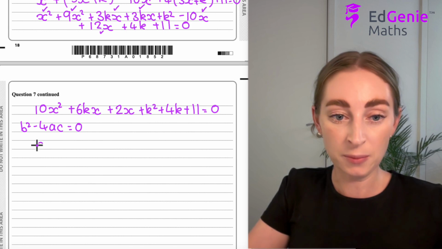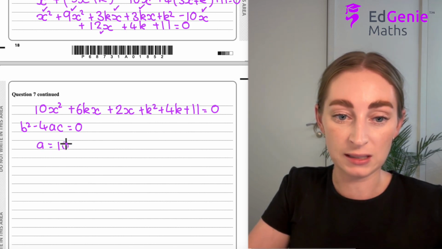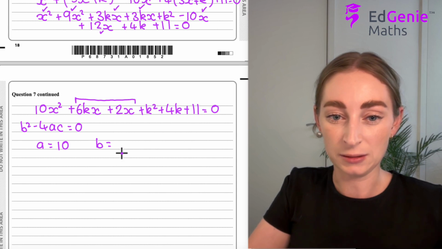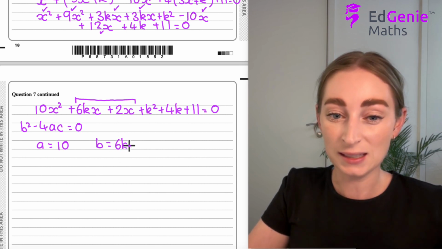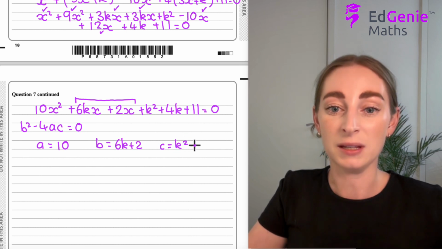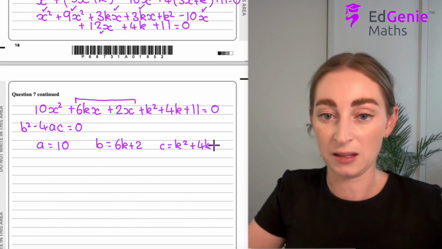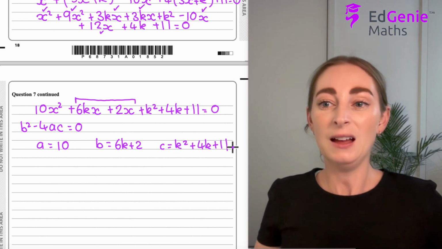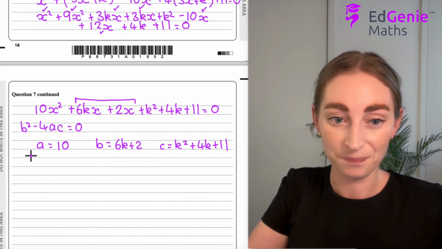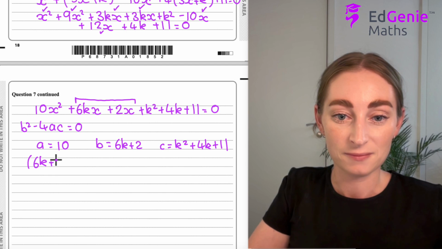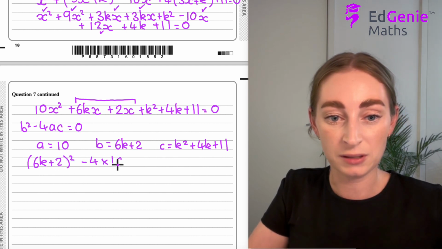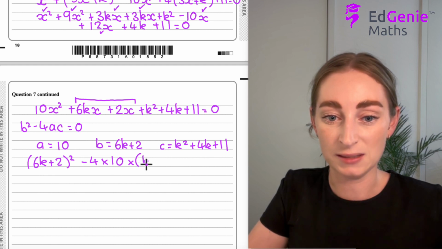And just to make it a bit clearer for us, I'm going to write a is 10, b, so it's these two terms here, is going to be 6k plus 2, and c is going to be k squared plus 4k plus 11. So it's going to be a bit fiddly. There's a lot of spaces to make mistakes here. B squared minus 4 times A times C.